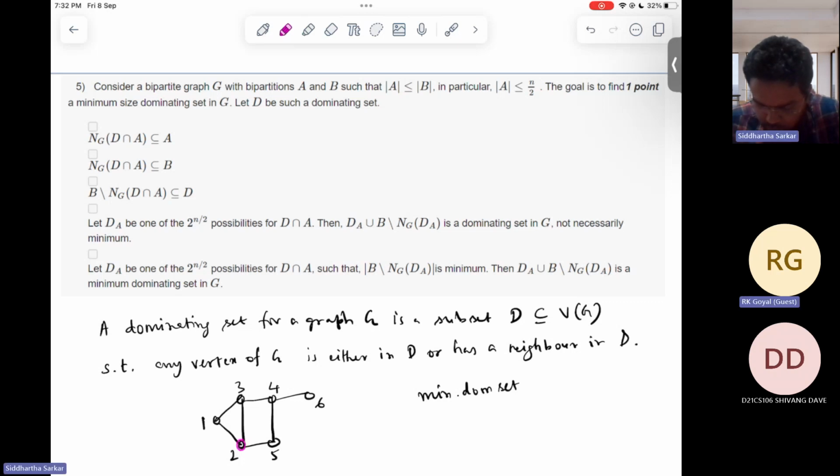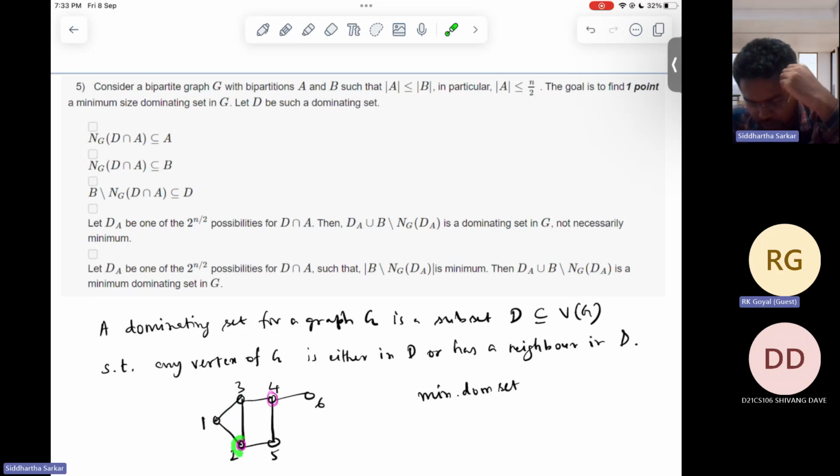Here the size of the vertex cover would be, I need to consider vertex number 2, and then I have to consider vertex number 3 as well. So the vertex cover would be 3.